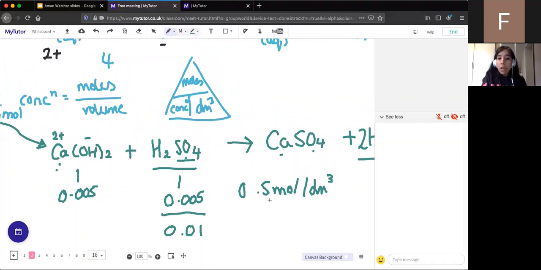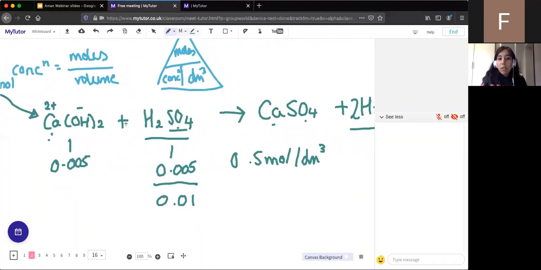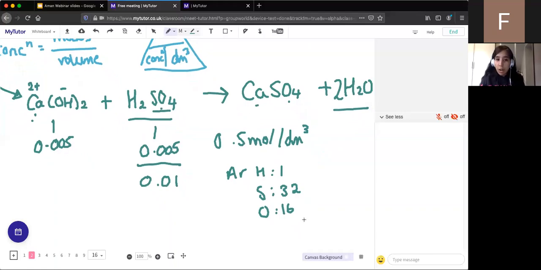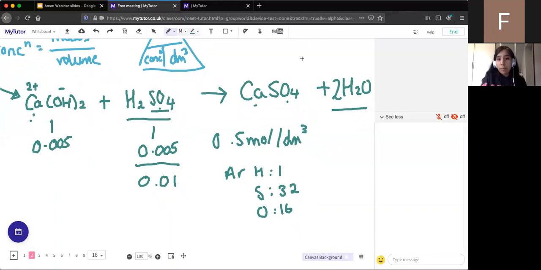So we've got our moles of sulfuric acid, so we need the MR. I'll tell you that the AR of hydrogen is 1, the AR of sulfur is 32, and the AR of oxygen is 16. So what's the MR of sulfuric acid? Someone's asking me what is AR. AR is the relative atomic mass.